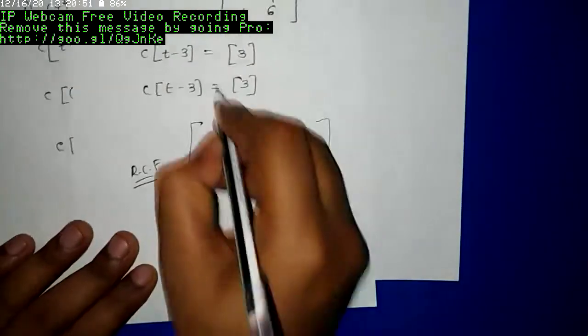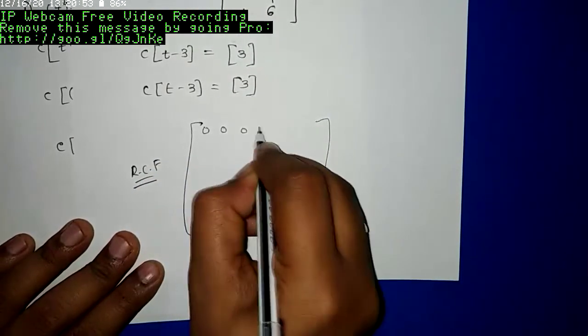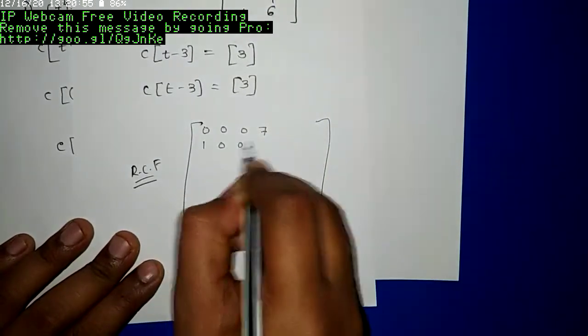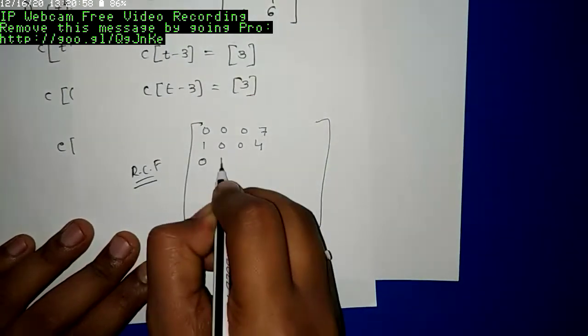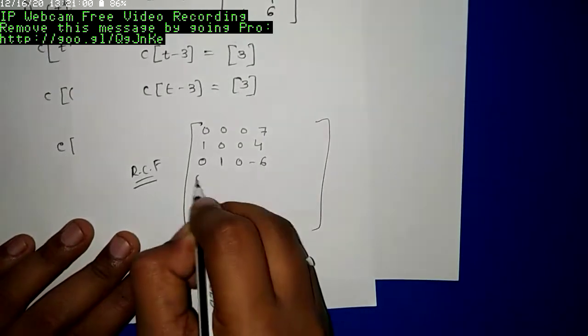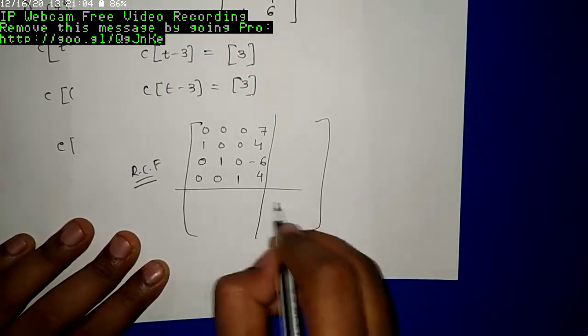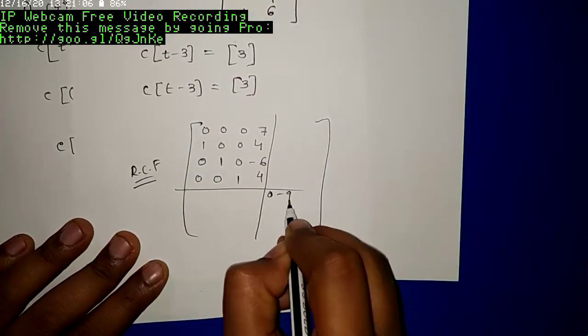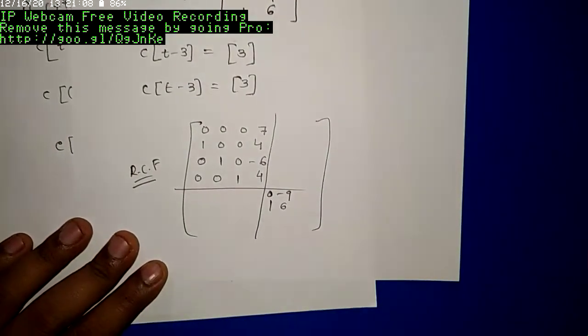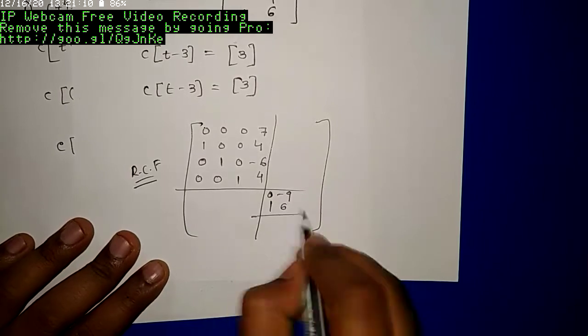which is nothing but 0 0 0 7 1 0 0 4 0 1 0 minus 6 0 0 1 4, 0 minus 9 1 6, 3.